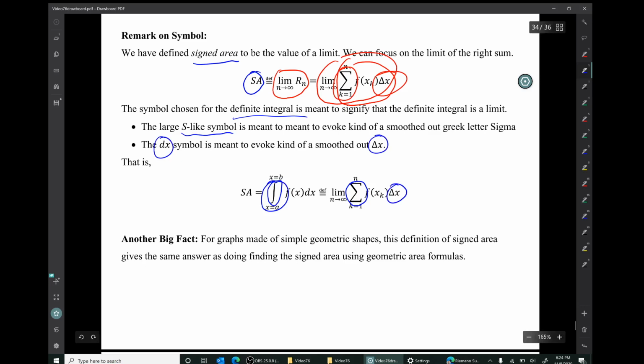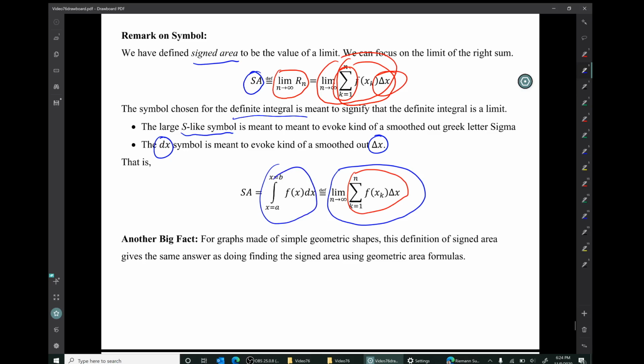So this delta x that appears in the sum gets replaced with this dx. Again, this symbol is meant to remind us what it stands for. It stands for the idea that you start with this sum, you take its limit, and the resulting limit is denoted by this blue symbol.